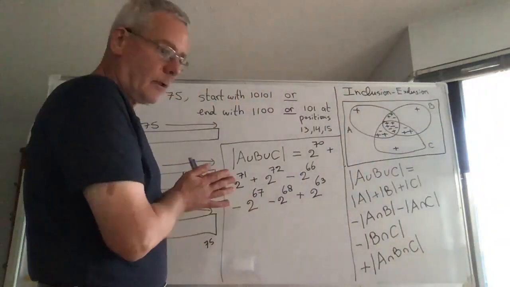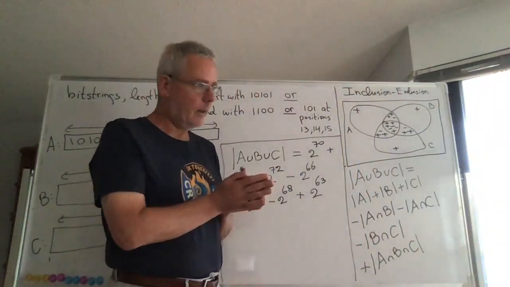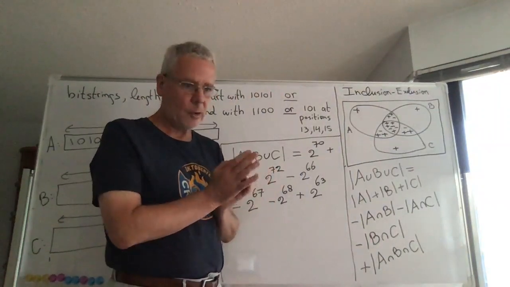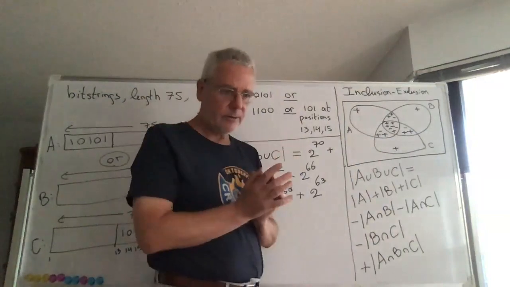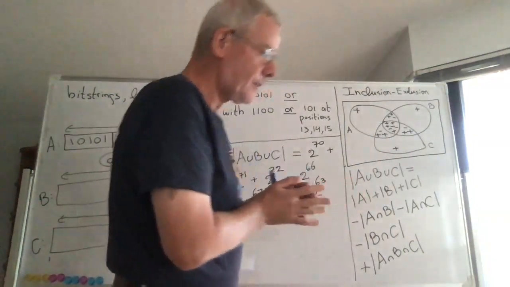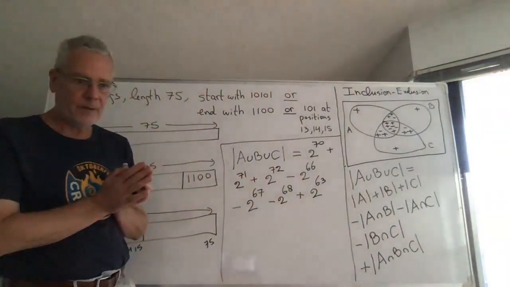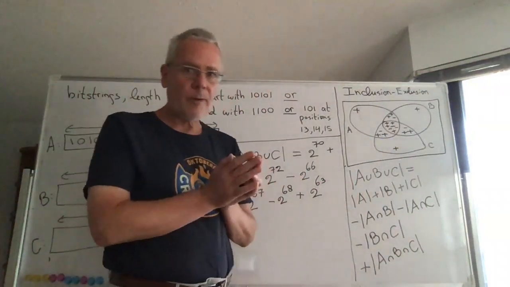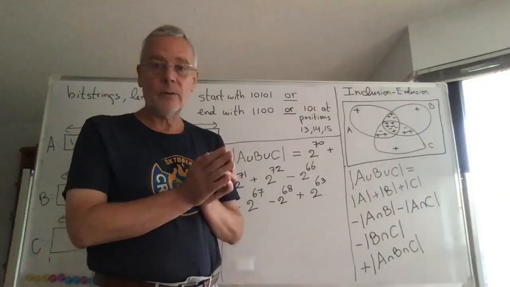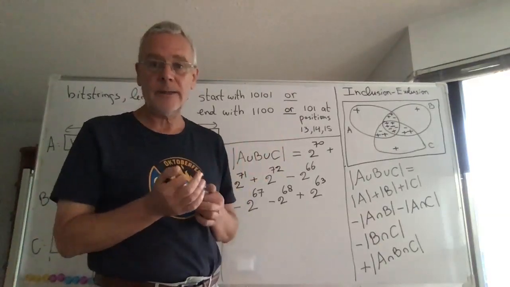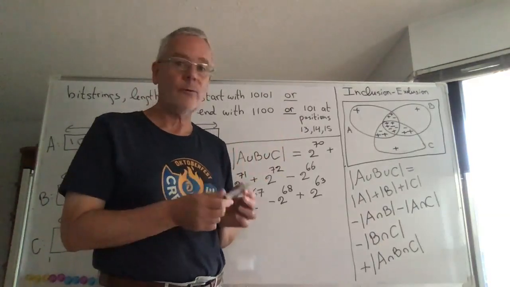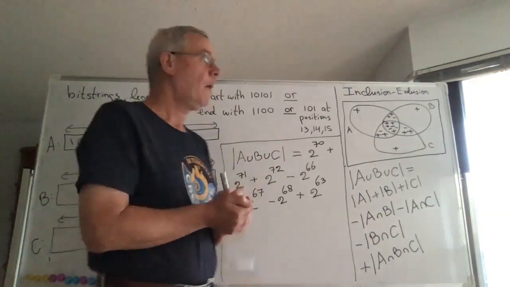Now we have seen different rules. We have the product rule, that is sort of the main rule. We have seen the complement rule. The complement rule says if you want to count objects that have a certain property, then often it is easier to count the objects that do not have the property.